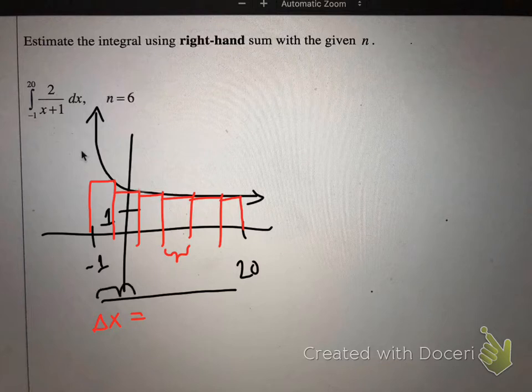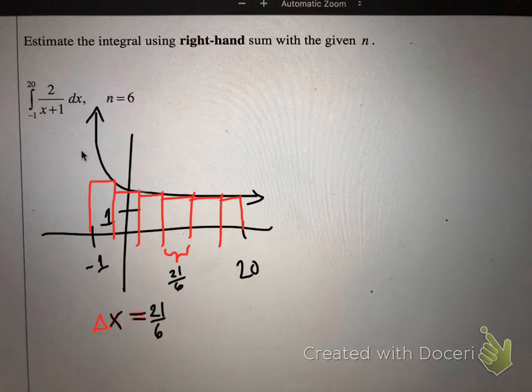If you were to count 1, 2, 3, 4, 5, 6, all the way to 20, it'll be 21. So keep that in mind. It's 21 divided by 6. Each box has a width of 21 divided by 6.